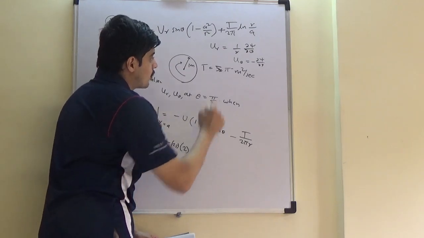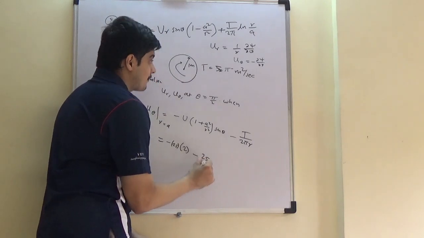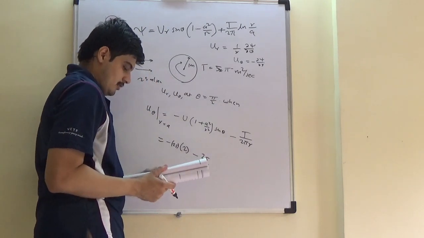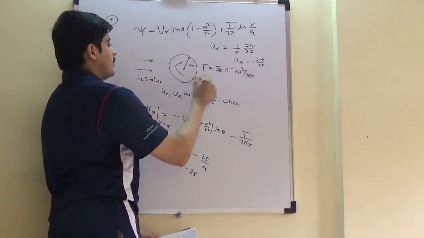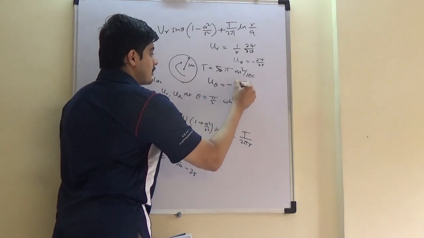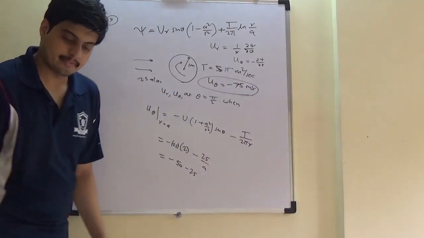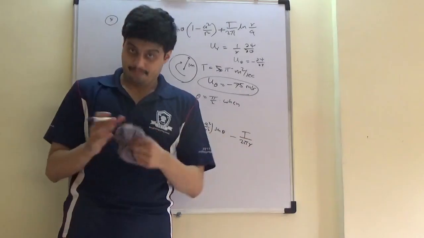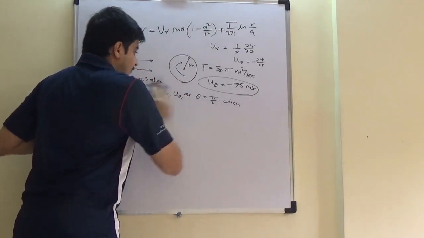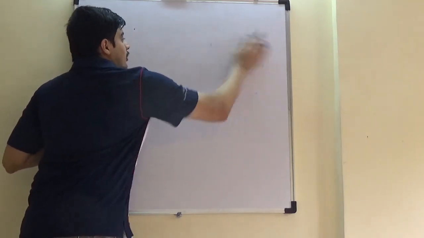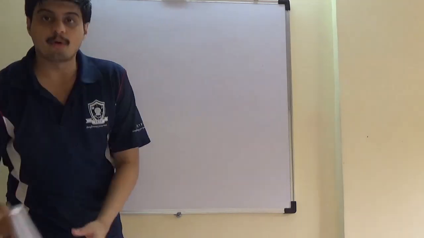Minus circulation, which is 50 pi, so this will become 25 upon pi. Which is 50 minus 25. So u theta is minus 75 meter per second. Make sense? Everything is adding. And ur is 0. So this is testing you on the combination flows which produce the rotating cylinder, more mathematically.